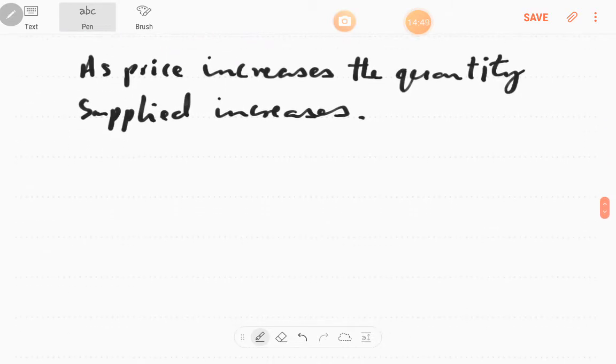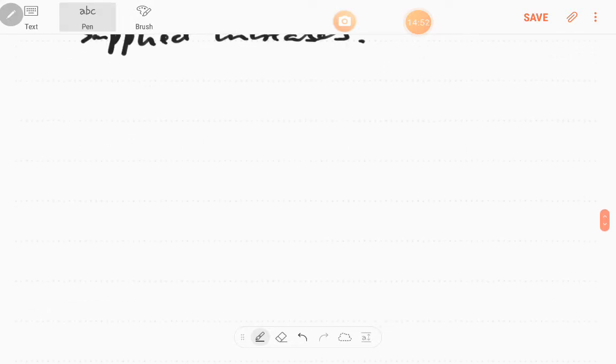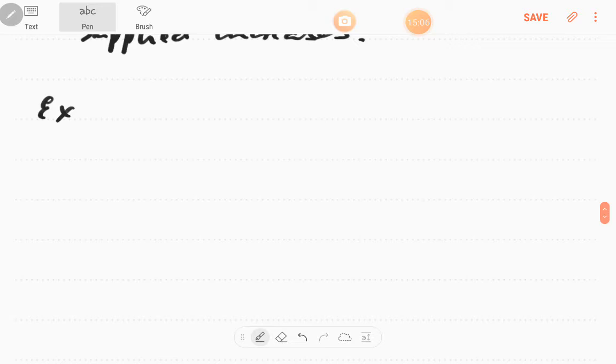Okay, so let's say we have a product and we want to look at the demand and supply curve for the same product, right? So let's look at an example of that. So for example, say the demand curve for some product is D equal to minus P plus 18. And we have a supply curve as well, which is 2P minus 3.